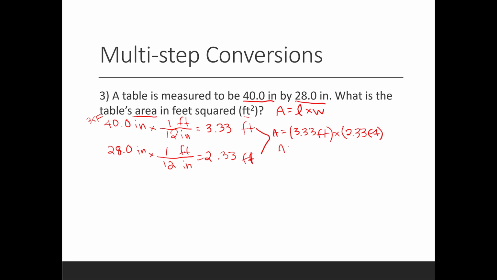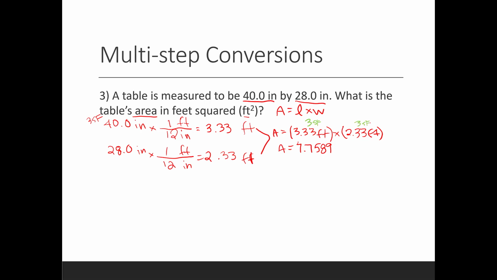and you're going to come up with an answer. 3.33 times 2.33 equals 7.7589. But sig figs. With sig figs, I get 3, right? Both of these numbers have 3 sig figs.